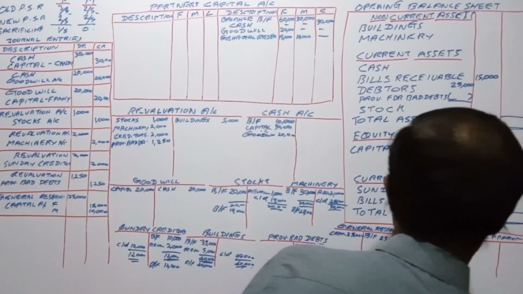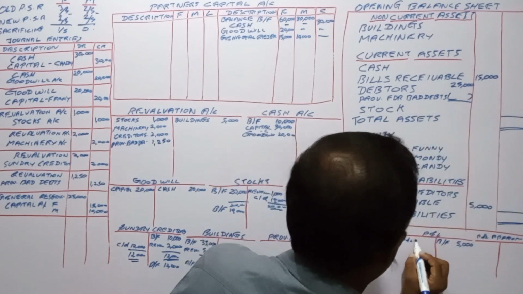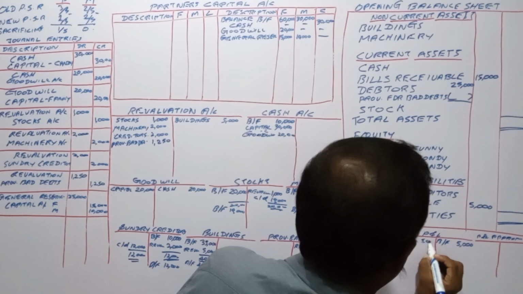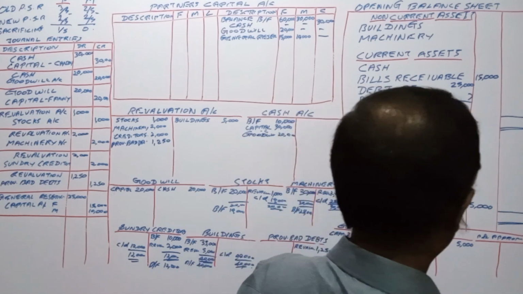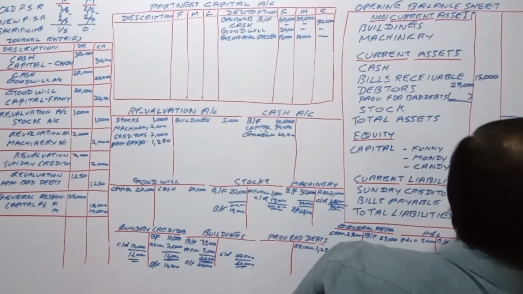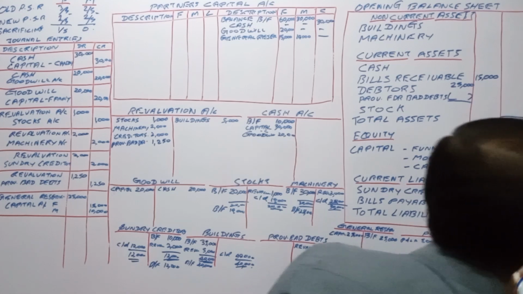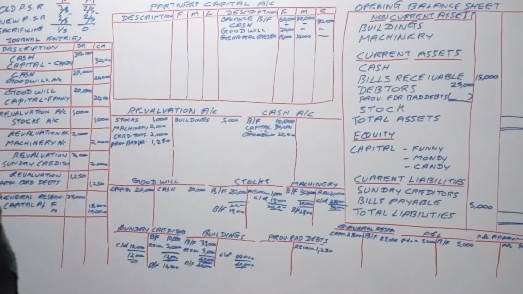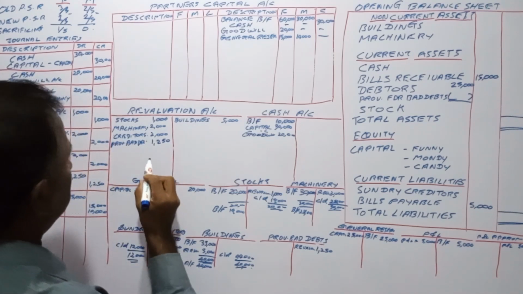Profit and loss appropriation account 5,000, right? Then we will put it here, and we will close the revaluation account.